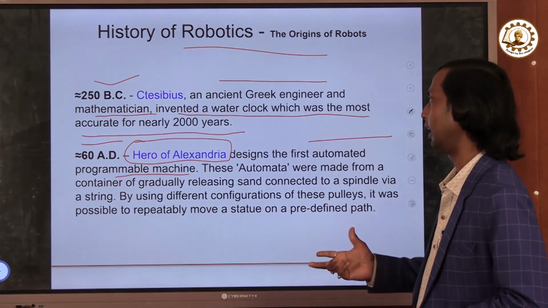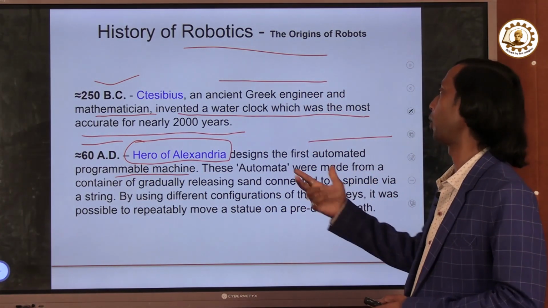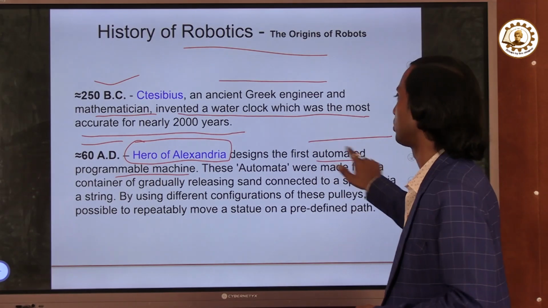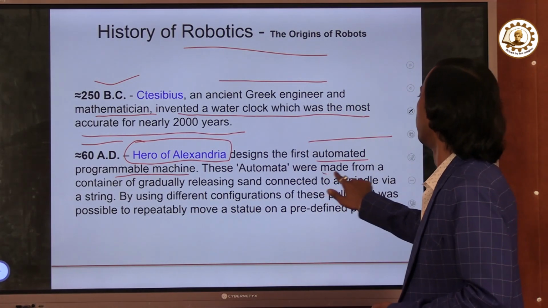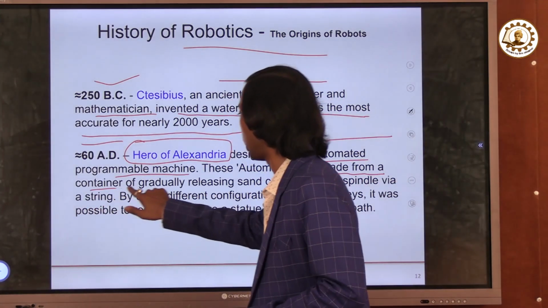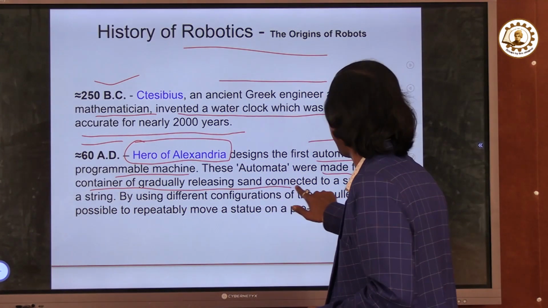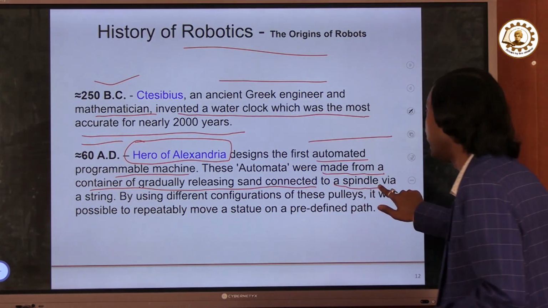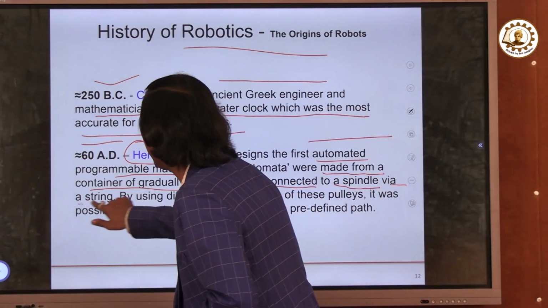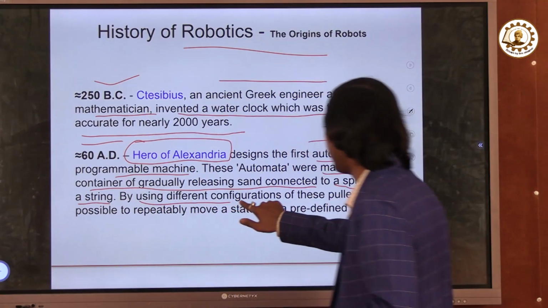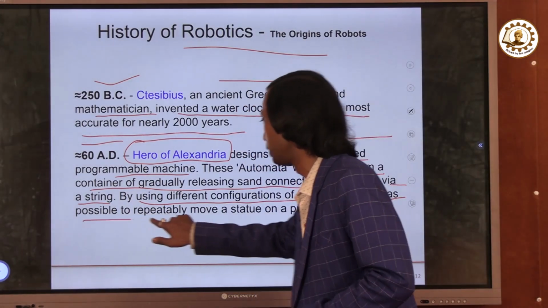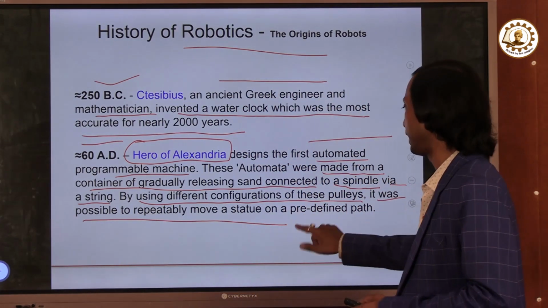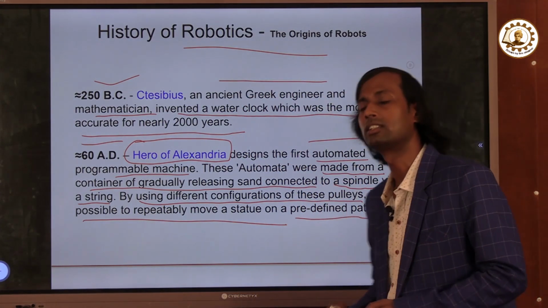The word automation came from the Greek word automata. It was made from a container of gradually releasing sand connected to a spindle via a string. By using different configurations of pulleys, it was possible to repeatedly move a stage on a predefined path.